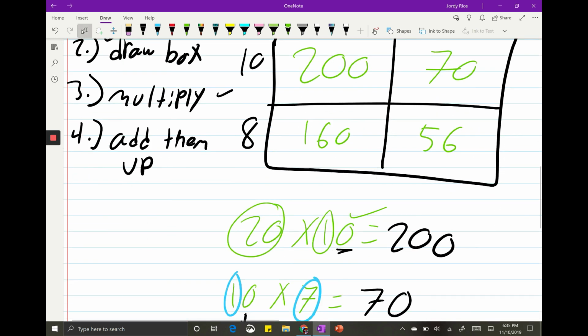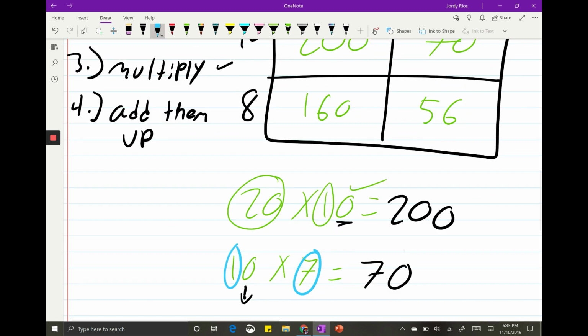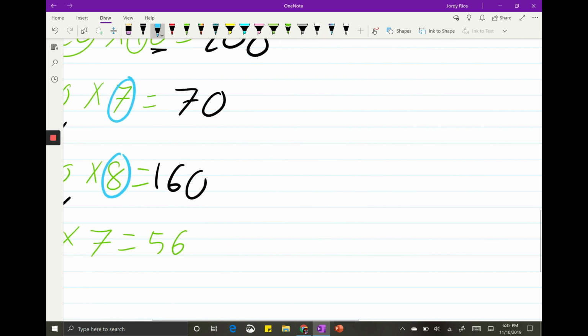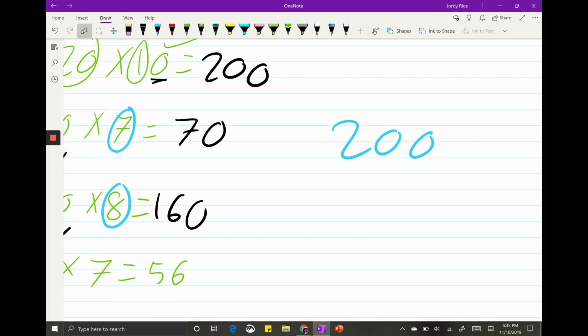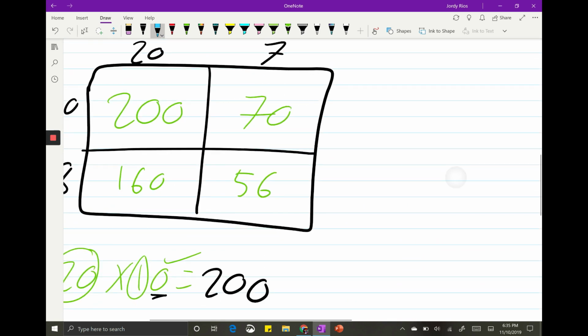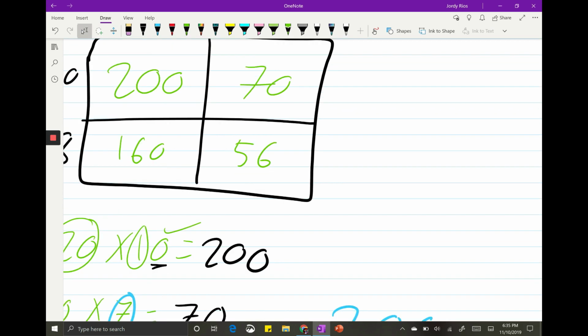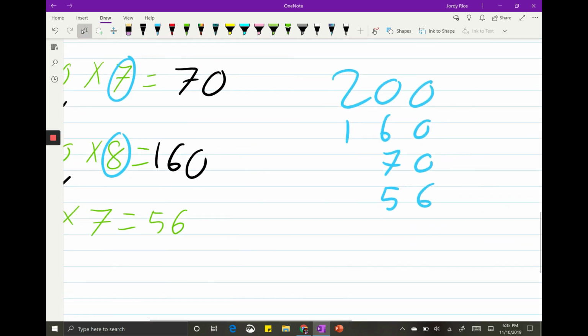Okay? So I have 200, 160, and I'm just going to put this in order because I don't want to lose my place value. 70 and 56. 200, 160, 70, and 56. Now with this, I am making sure everything is in its correct place value.